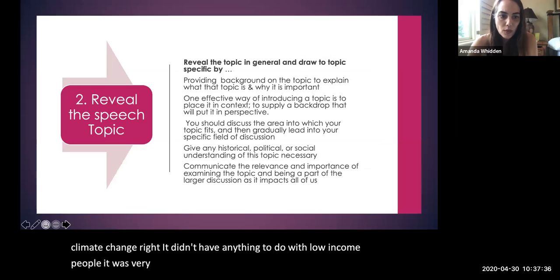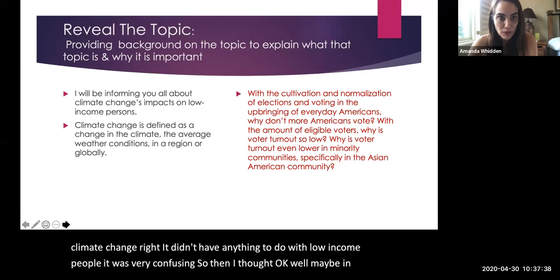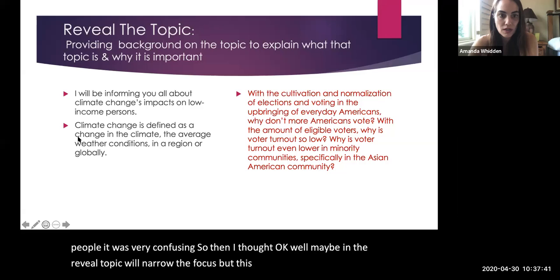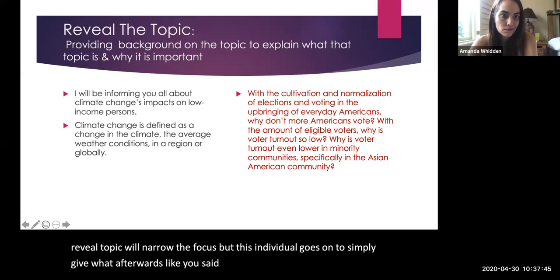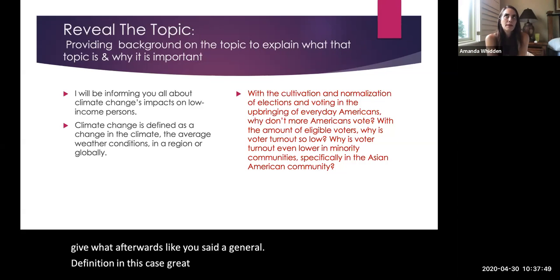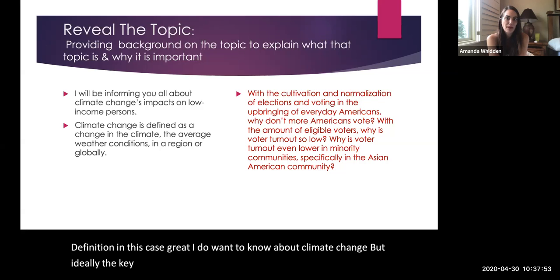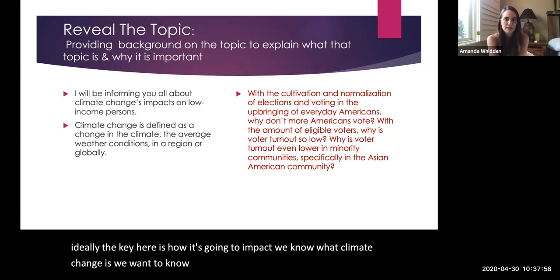So then I thought, okay, well, maybe in the revealed topic, we'll narrow the focus. But this individual goes on to simply give what afterwards? Like you said, a general definition. In this case, great, I do want to know about climate change, but ideally the key here is how it's going to impact. We know what climate change is. We want to know about climate change in these individuals.